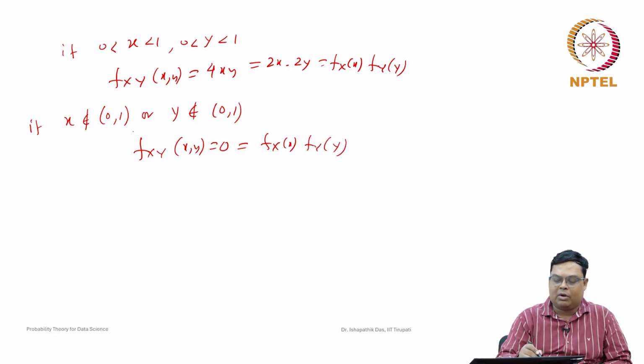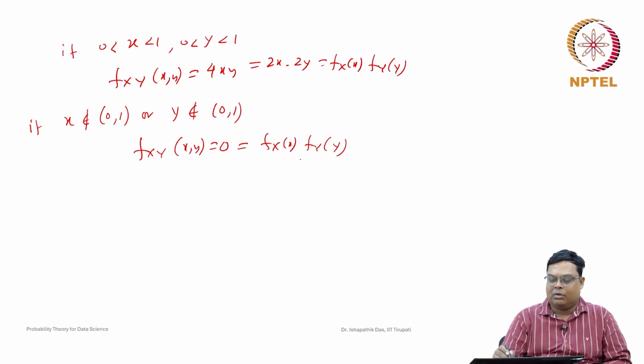Basically, f_XY will be 0 if one of x and y is outside this interval, or both. On the right-hand side, if x does not belong to 0 to 1, then f_X will be 0 and the product will be 0, and if y does not belong to 0 to 1, then f_Y will be 0 and the product will be 0. If both are outside the region, then both are 0.